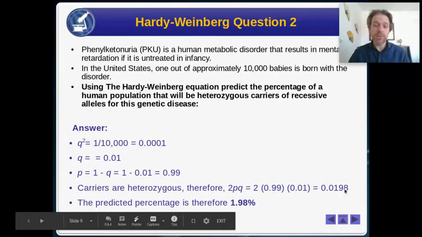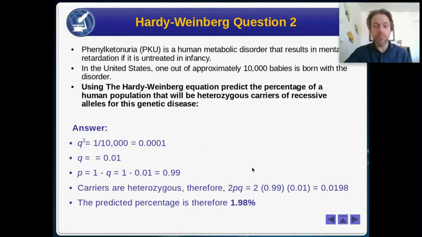If we want to turn that into a percentage, multiply it by 100, moving it two places. Here it says predict the percentage, so you've got to read the question. 1.98% of the population.